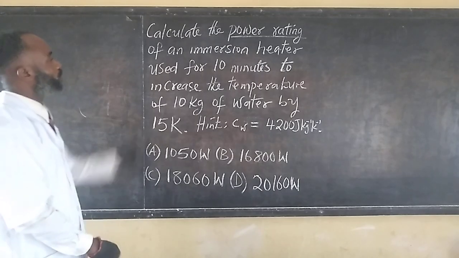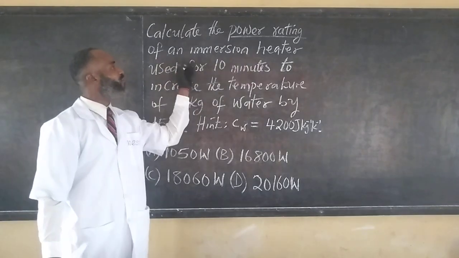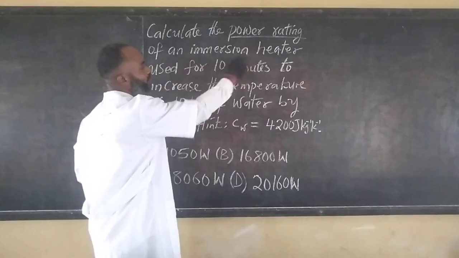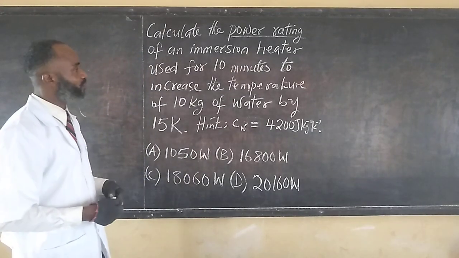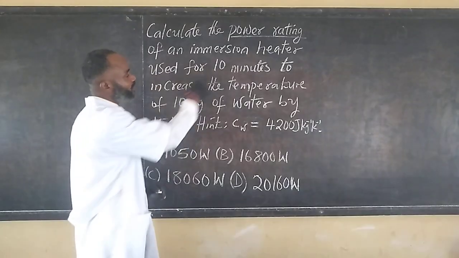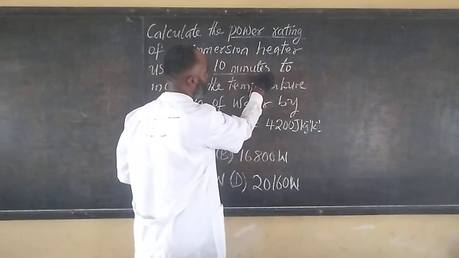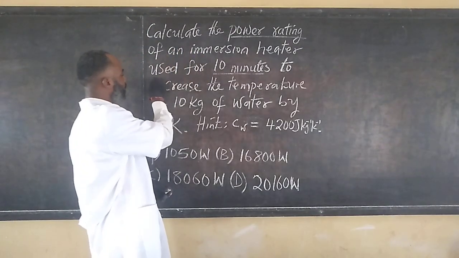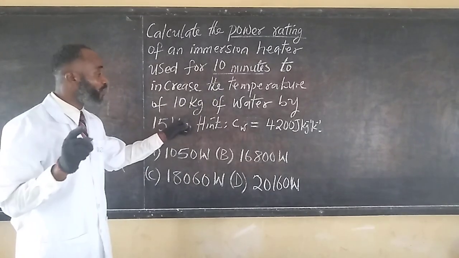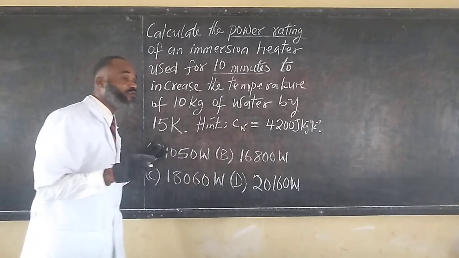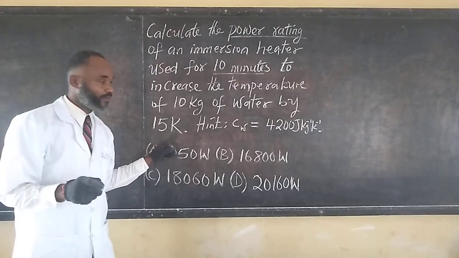Alright? So calculate the power rating of an immersion heater, what you call a boiler, electric heater, and so on and so forth, used for 10 minutes to increase the temperature of 10 kilograms of water by 15 Kelvin.